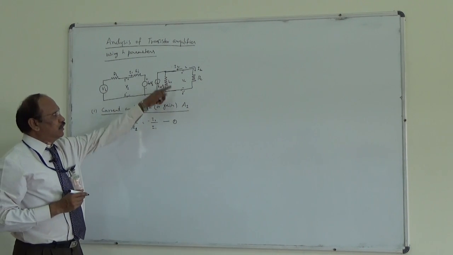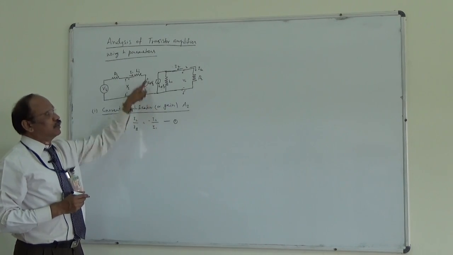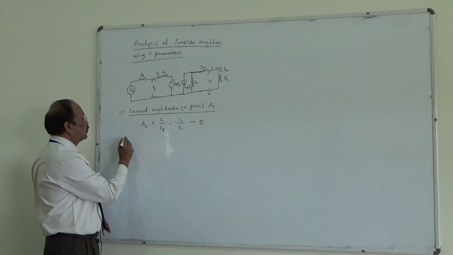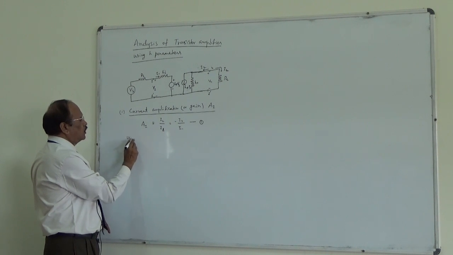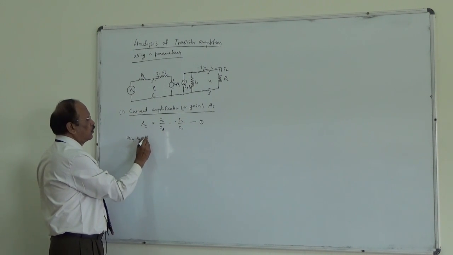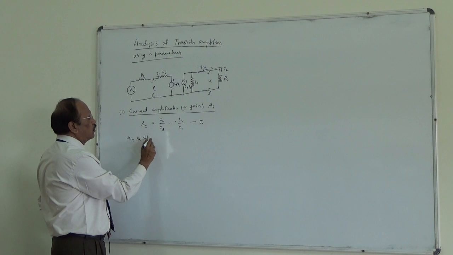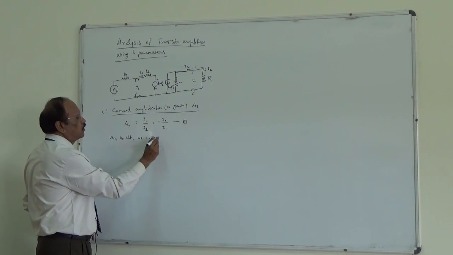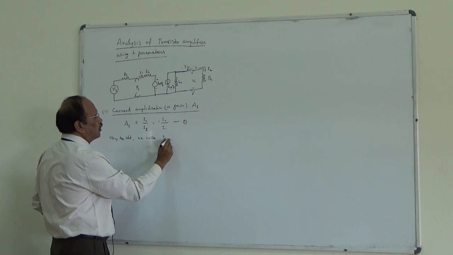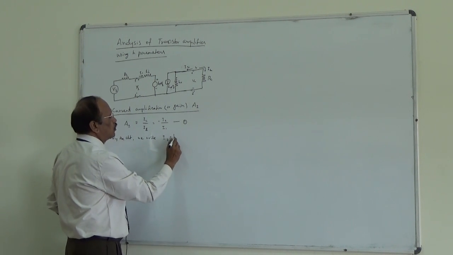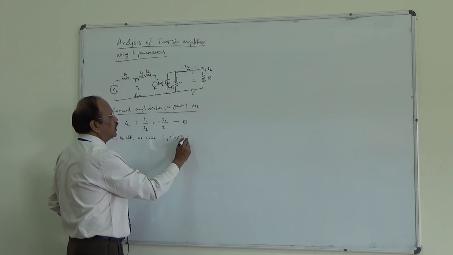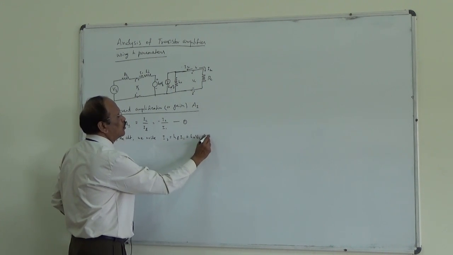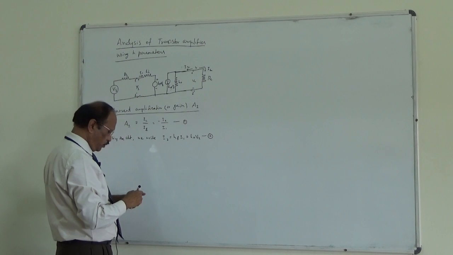So from the circuit, we write I2 is equal to HF into I1 plus H0 into V2.